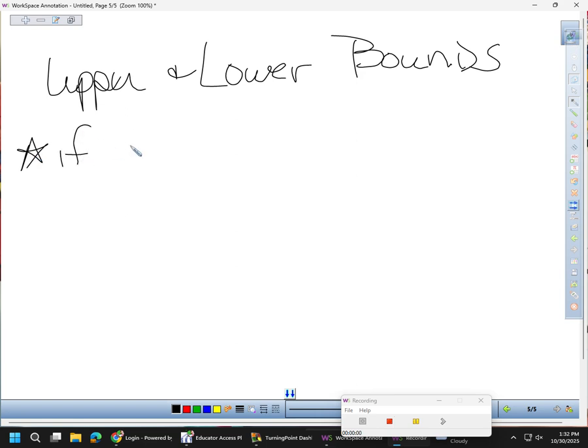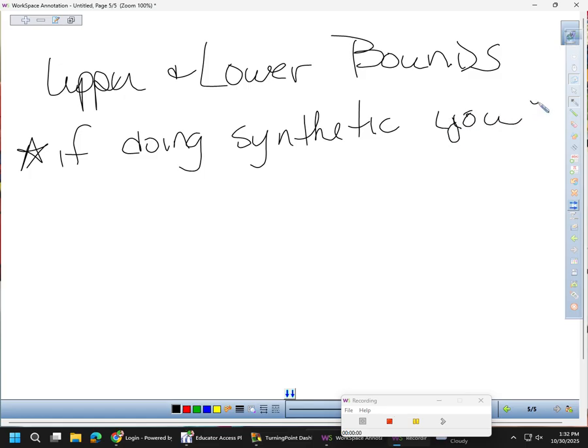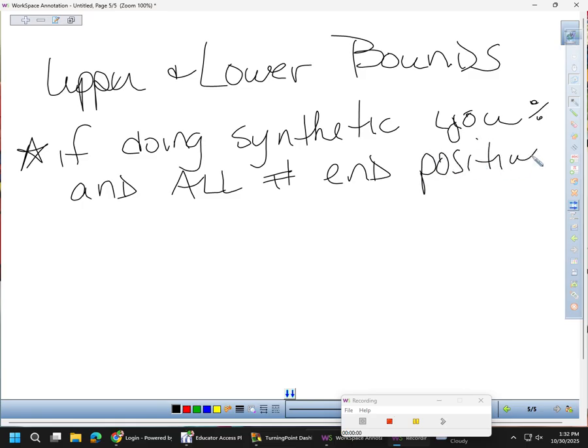If doing synthetic division and all numbers end positive, then that zero is an upper bound.